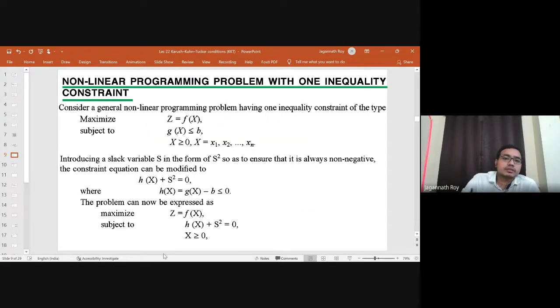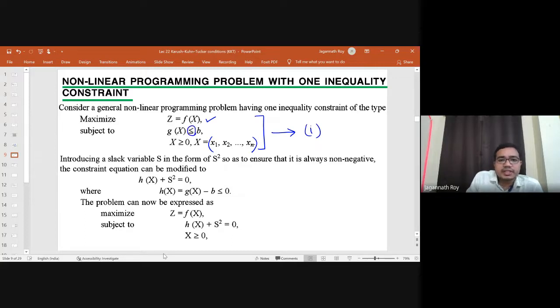Let us consider the simple case. We have a function of n variables and only one constraint, which is less than type.